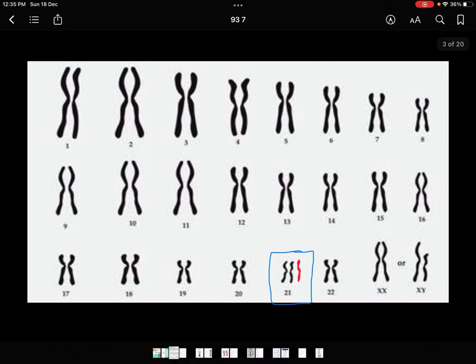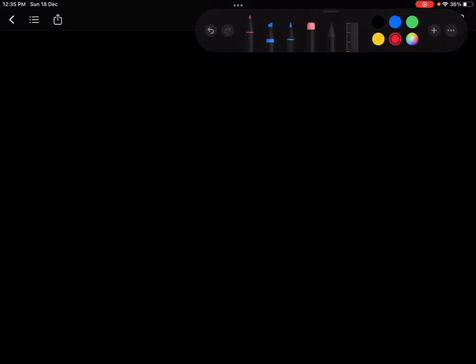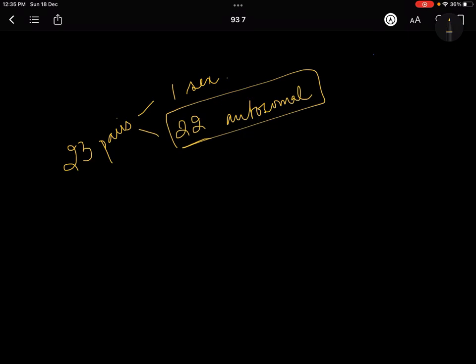So what is the difference between autosomal and sex chromosomes? We have already studied that we have 23 pairs, out of which one pair is the sex chromosomal pair and 22 are autosomal pairs. That means these autosomal pairs are inherited without any differentiation, but only the sex chromosome is either XX or XY.